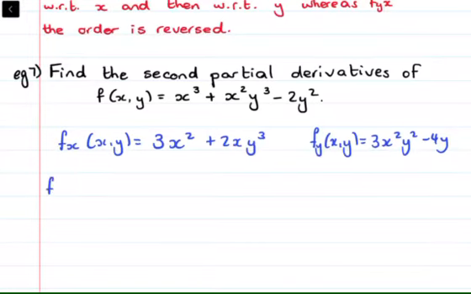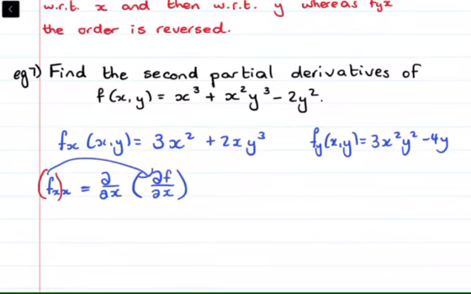So now let us find fxx. Just in case you do not know what to do here, this is what I suggest you do. Put in brackets here. It means that you have to take the partial derivative with respect to x, that is the outer part, of this.